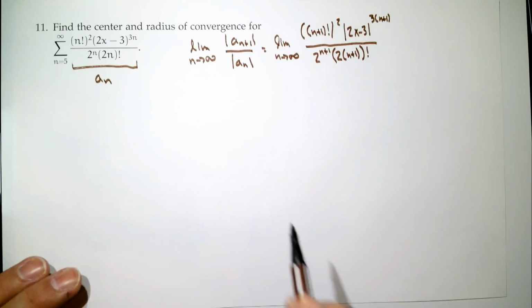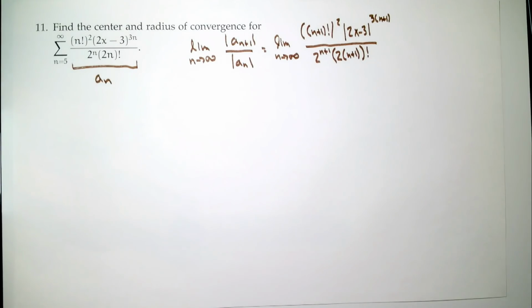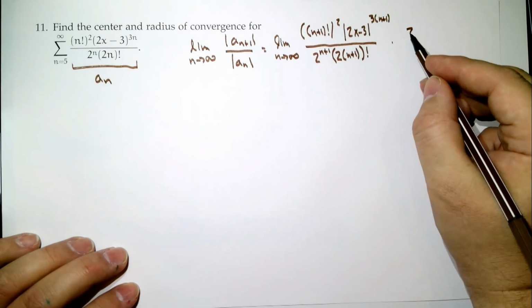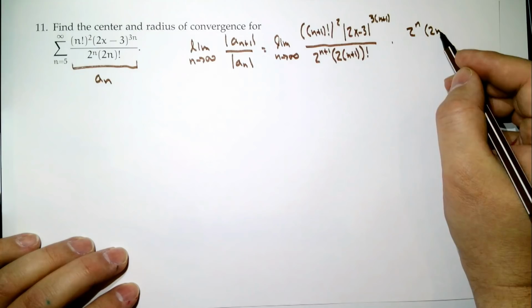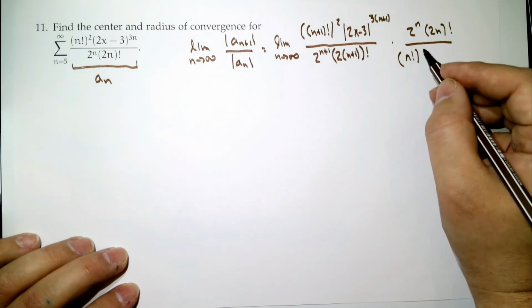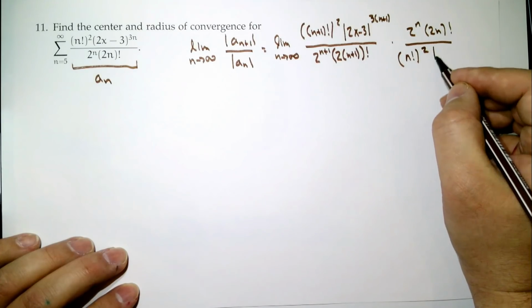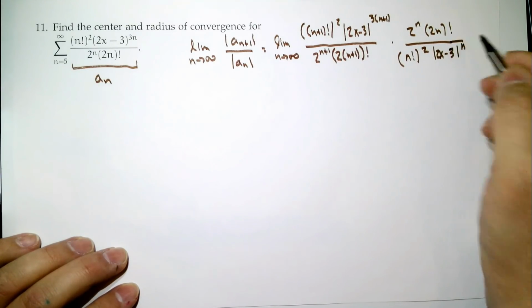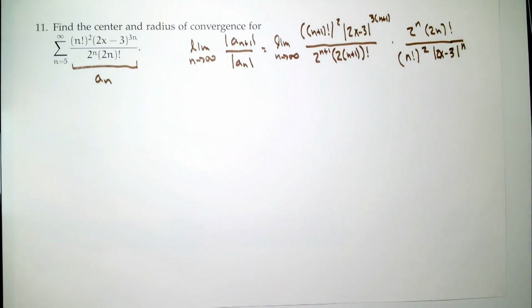Then I'm going to divide by a sub n, which is the same as multiplying by the reciprocal of what I started with. So that's 2 to the n, 2n factorial, divided by n factorial squared, absolute value of 2x minus 3 to the n. All right.